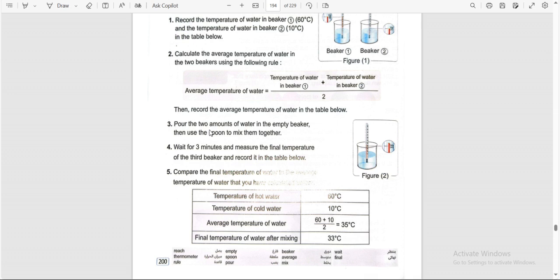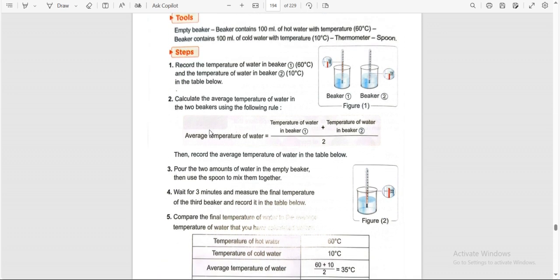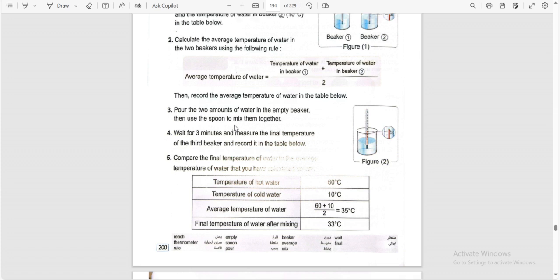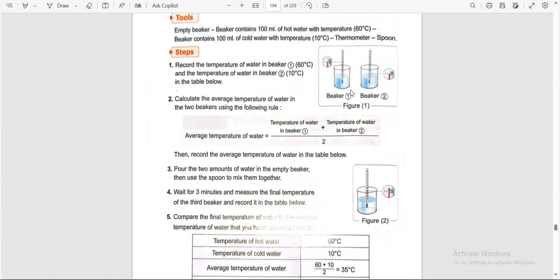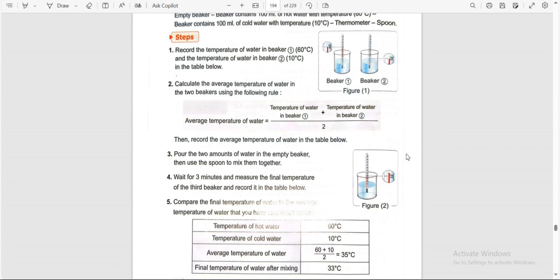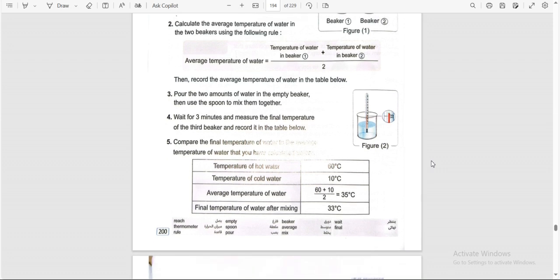And we calculate this temperature in this way. For example, we have two beakers, one at 60 degrees and the other at 10 degrees, and we mix them together. So you get the average of the two: the temperature of the first plus the temperature of the second, divided by 2, which is the number of the beakers. So 60 plus 10 is 70. 70 divided by 2 is 35 degrees.